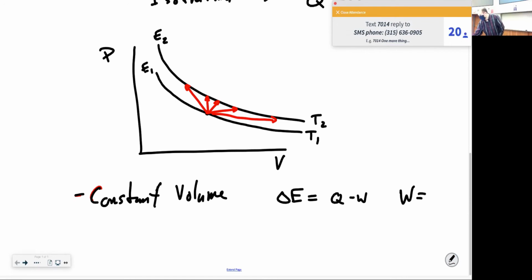Oh, sorry, constant volume is this one. That's the constant volume one, right there. What's the work for the constant volume case? 0. If you are not changing your volume, you are not doing work.